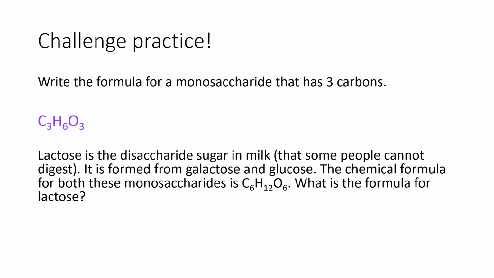So think about this process. How would this occur? And then think about the formula. C12H24O12. Does anyone agree?